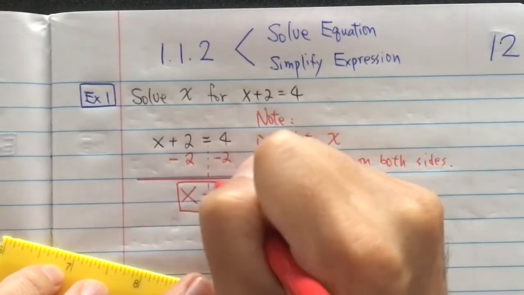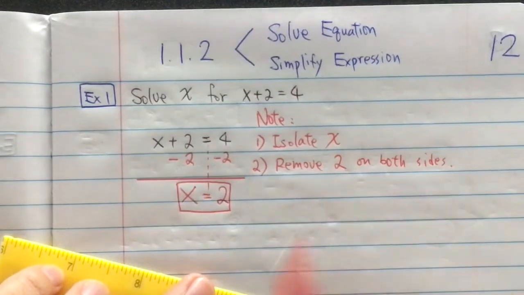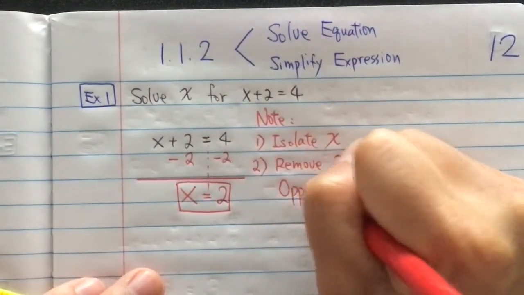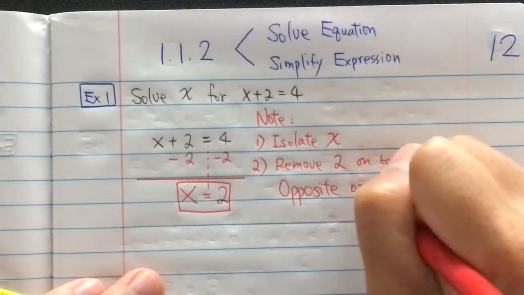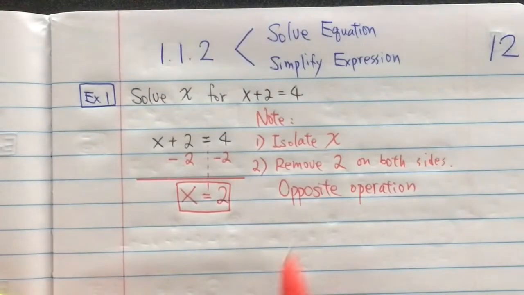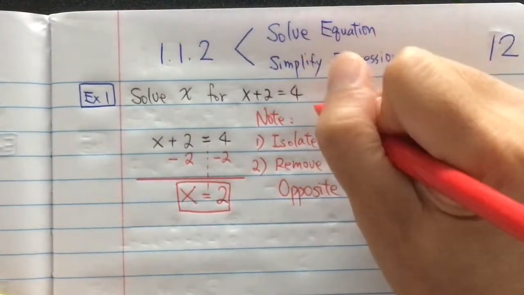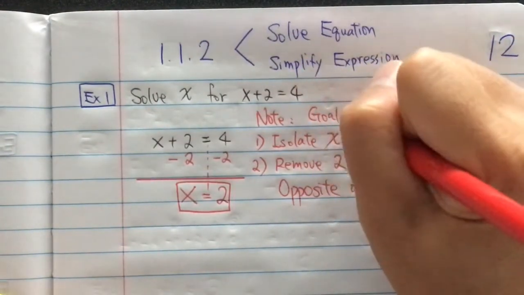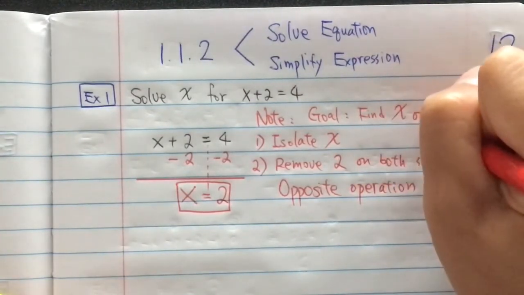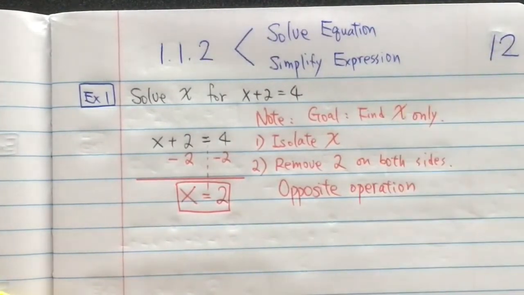And box the answer. But how do we remove 2? We will use the opposite operation. Remember our goal is to find x only. That's why we remove 2.